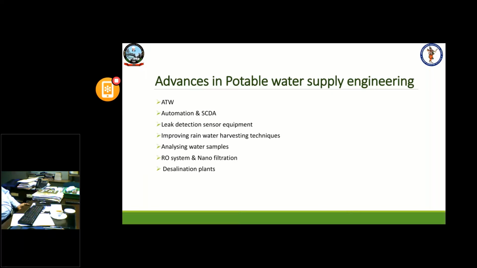To arrest as well as to identify these leakages, you can use the latest technologies of leak detection equipment, noise sensors, even pressure wave sensors and similar equipment. Once you identify the leak, you can take control measures and arrest the waste of water.